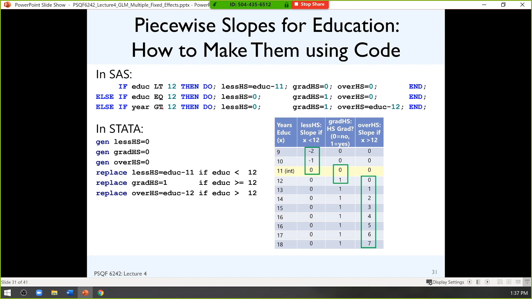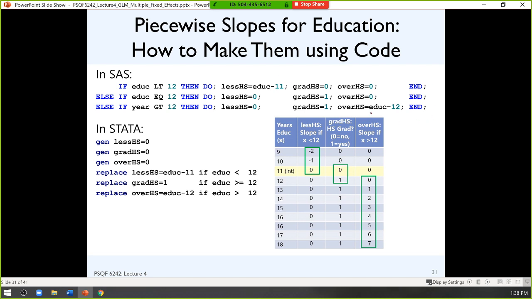Otherwise, if education is greater than 12, so among the people who went past high school, it had to be at least 13 to get into this if statement, the first slope is not relevant to them. They get the bump for having graduated high school, and then their third variable picks up where high school left off. So how many years past high school did they make it?